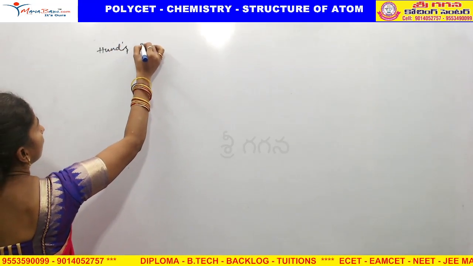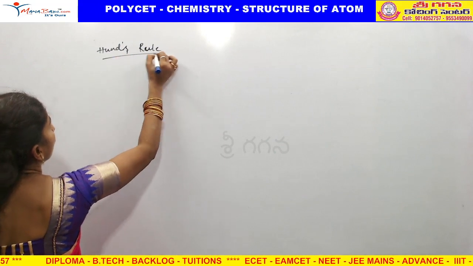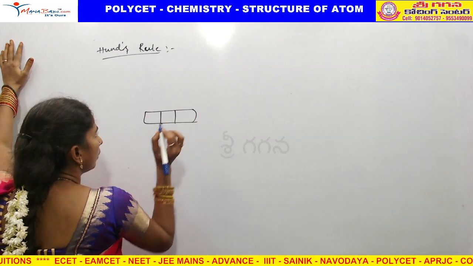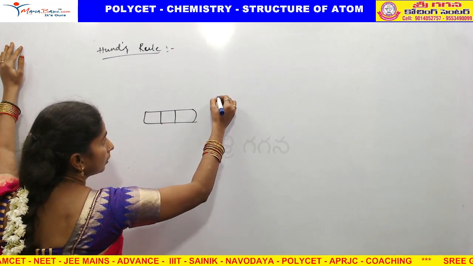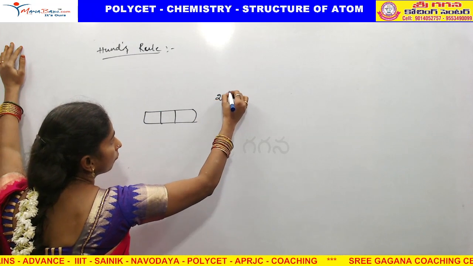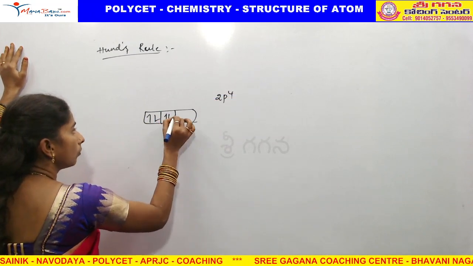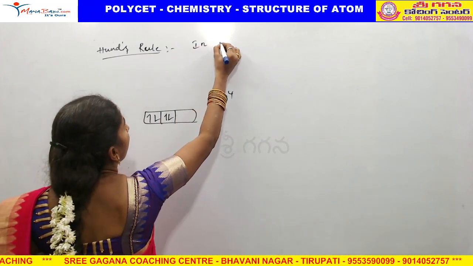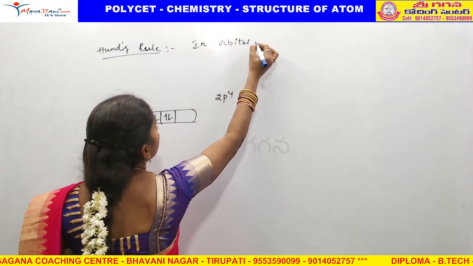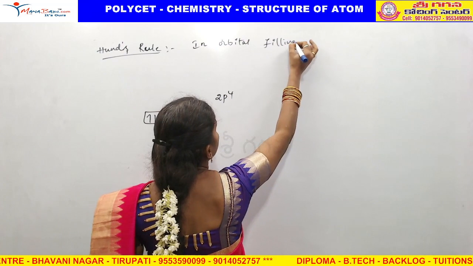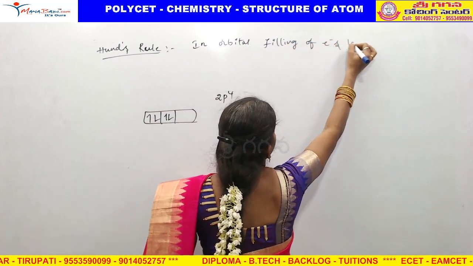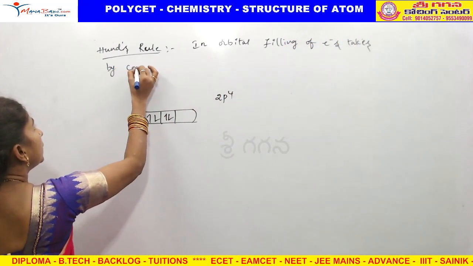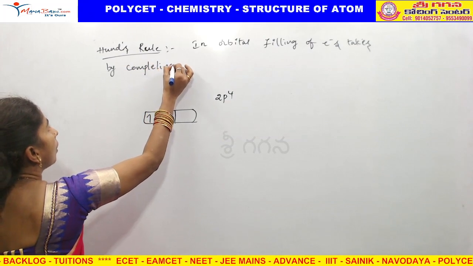Hund's rule. The second principle is Hund's rule. We already discussed this. If you write 2p4, you should not write it like this. The reason is, according to Hund's rule, in orbitals, the filling of electrons takes place by completing half fill first.